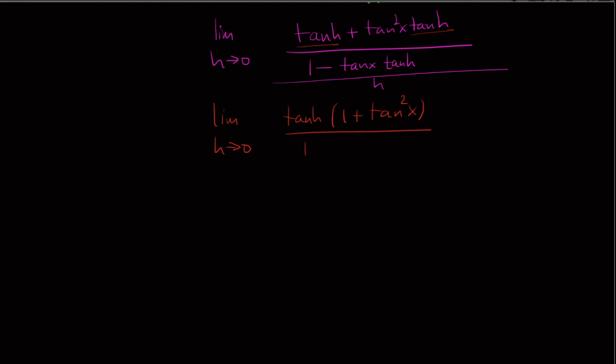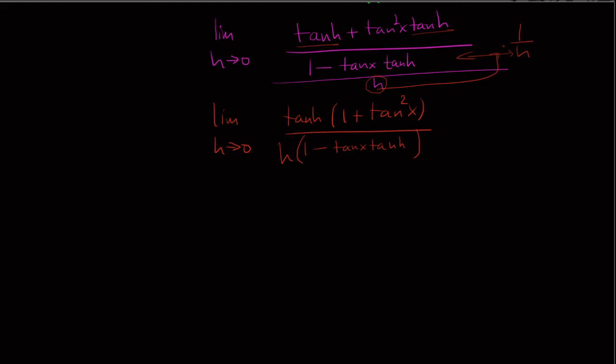Okay, and it's 1 minus tangent x times tangent h. And this h, we're really dividing the top fraction by h, which is the same thing as multiplying by 1 over h. So the h, you see how it's lined up with the denominator here? That's going to multiply the denominator.